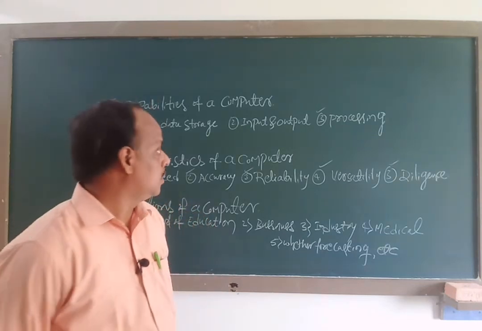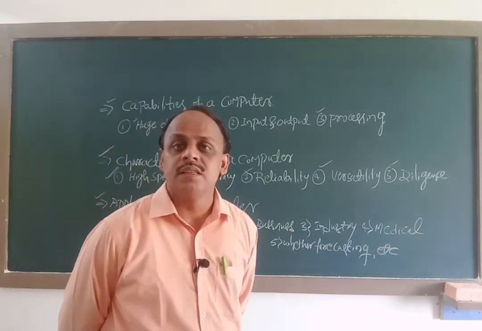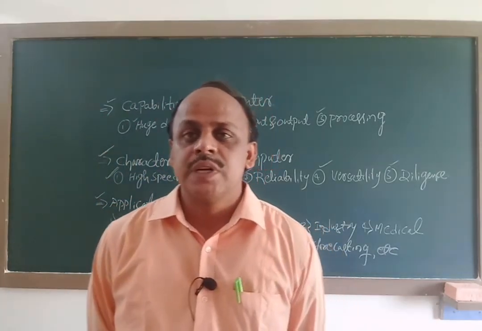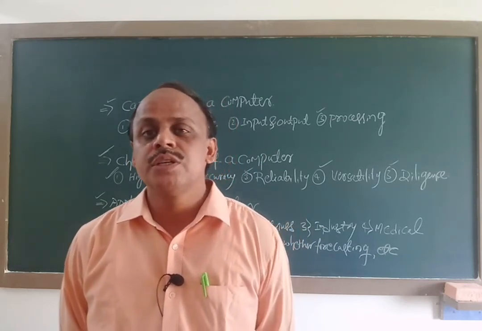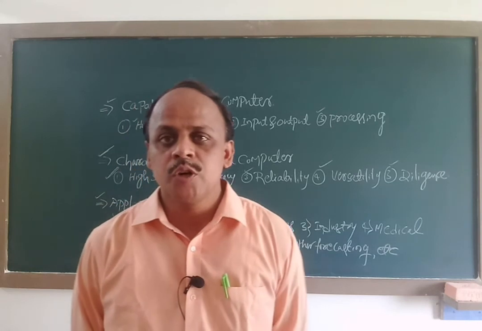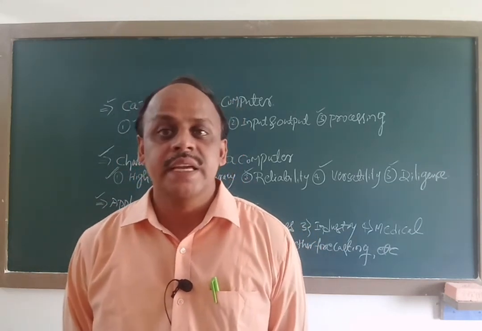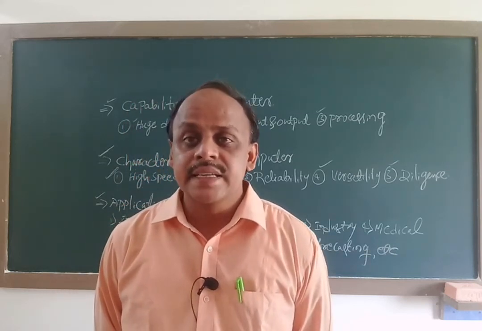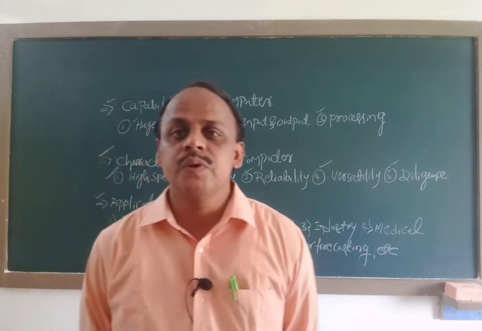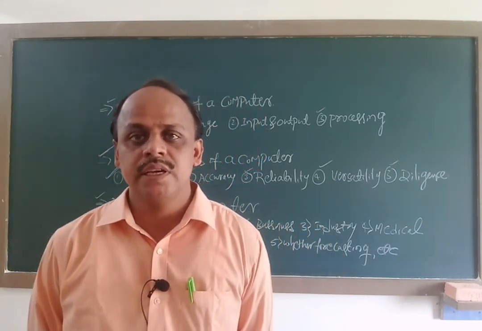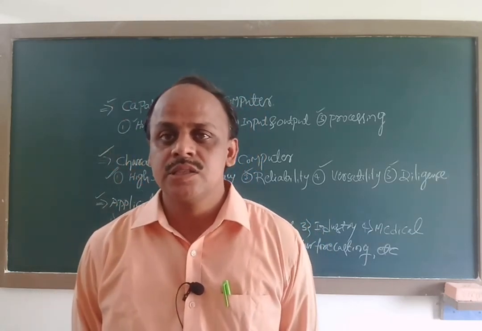Okay, so what did we discuss in the class? We discussed 3 points. First is capabilities of a computer, that is huge data storage, input, output, and processing. These three are the capabilities of a computer. Next we discussed characteristics of a computer: high speed, accuracy, reliability, versatility, diligence.